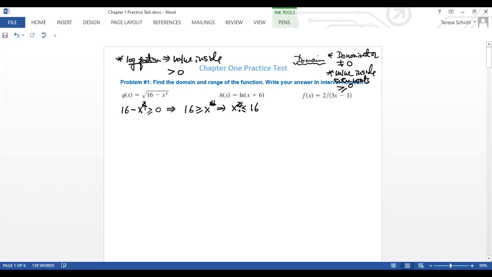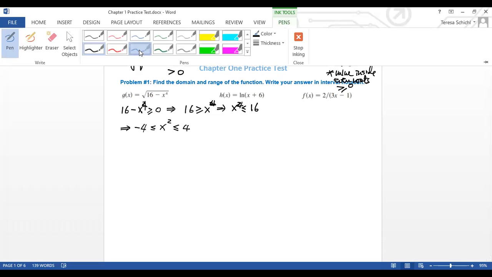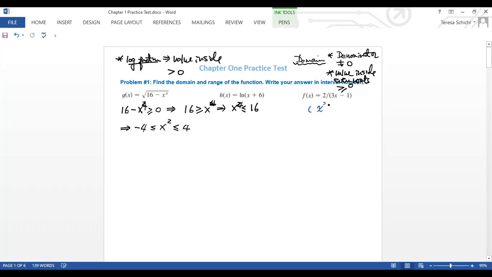If x to the fourth is less than or equal to 16, then, if x squared is less than or equal to some value a, we can break it into x less than or equal to the square root of a and greater than or equal to negative square root of a.